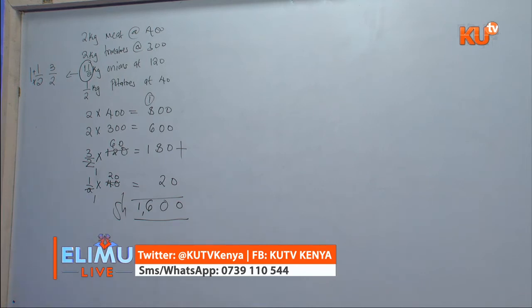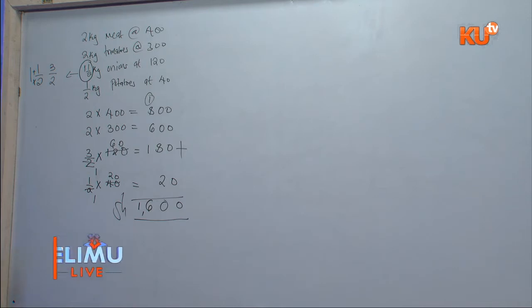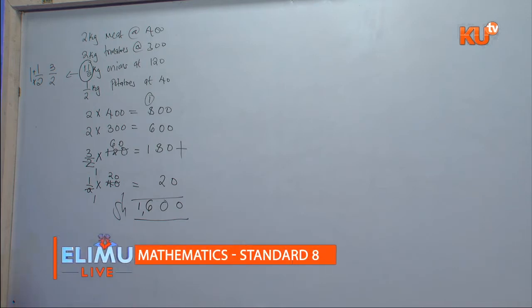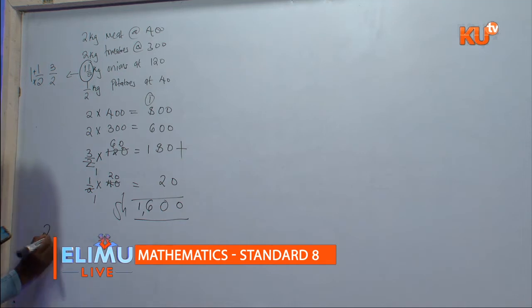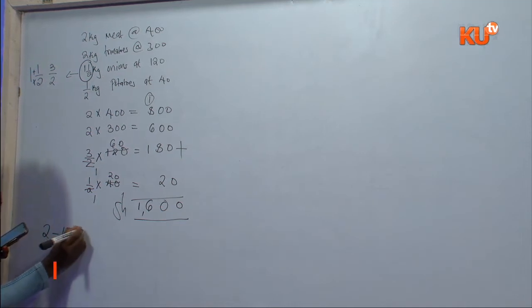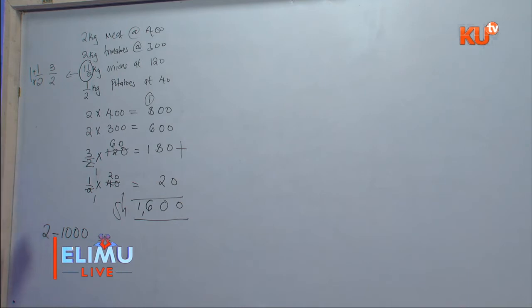And then we had been told that Juma was given 2 1,000 shillings notes to buy the following items. How much balance, or how much remained?